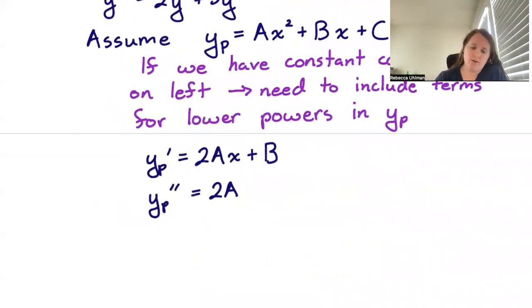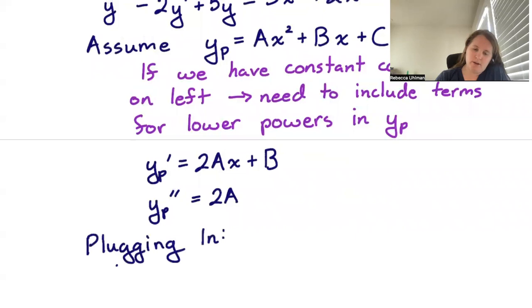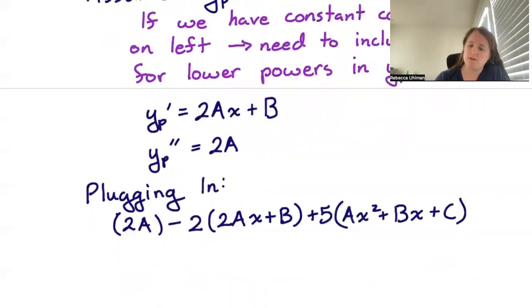Plugging in, we had y double prime, so 2a, minus 2 times y prime, so minus 2 times 2ax plus b, plus 5 times y, so plus 5 times ax squared plus bx plus c. All of this should be equal to 3x squared plus 2x.